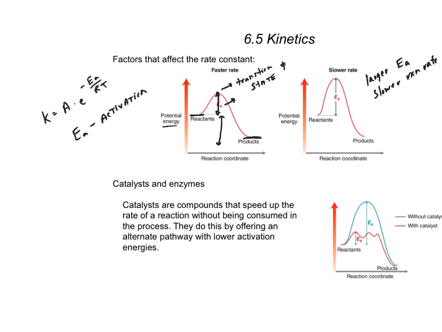Right, they have more kinetic energy, so now they're hitting each other harder, so now they have enough energy to get over the transition state to move to products, okay? So as we increase the temperature, we also increase the rate of reaction because we're increasing the kinetic energy of the molecules. We're giving more molecules enough energy to get over the transition state. So temperature and activation energy are both very important in terms of rates.